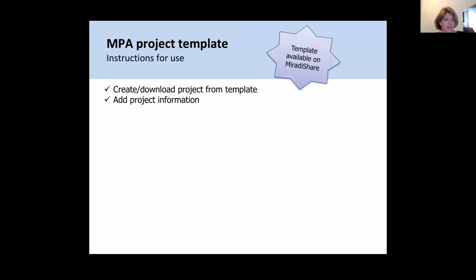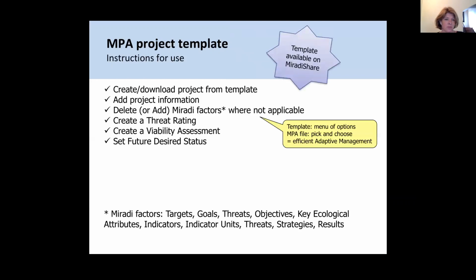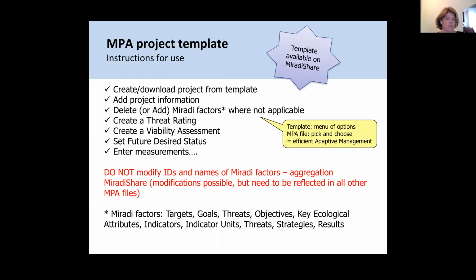So in a nutshell, that template was uploaded in Miradi Share, and that actually allows individual MPAs to download that template and start creating their own specific MPA management file by adding information, but most of all by deleting factors. And any targets or goals or threats that are not relevant, they can be deleted.